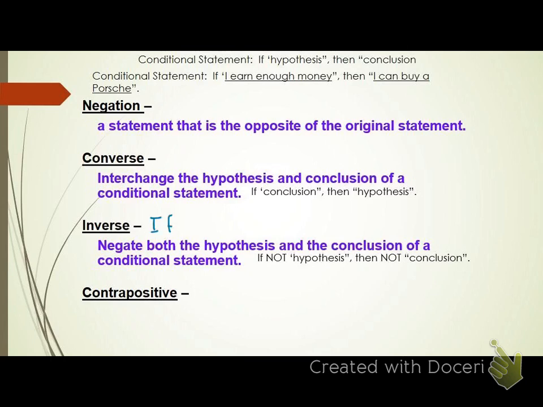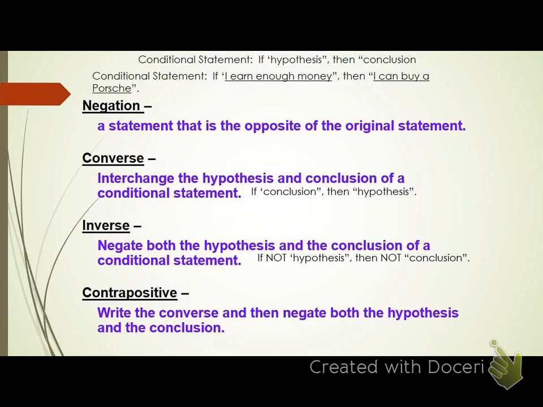So if I do not earn enough money, then I cannot buy a Porsche. And that's true enough as well. Okay? So just take the original if-then and negate both parts.